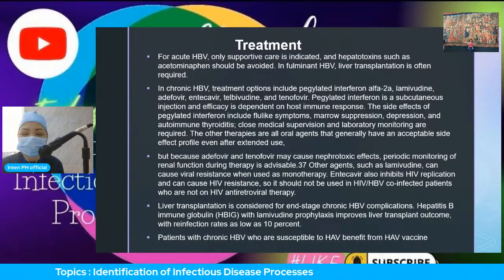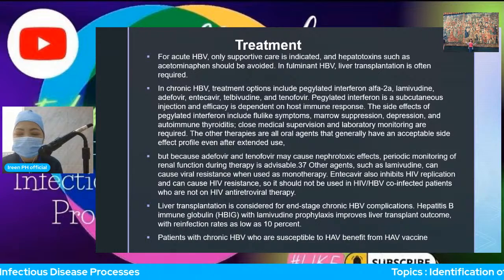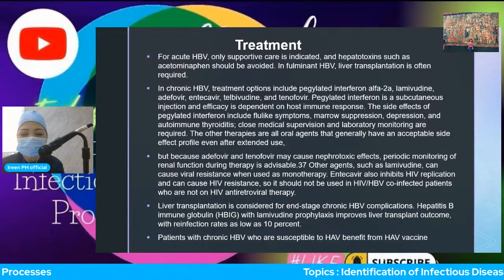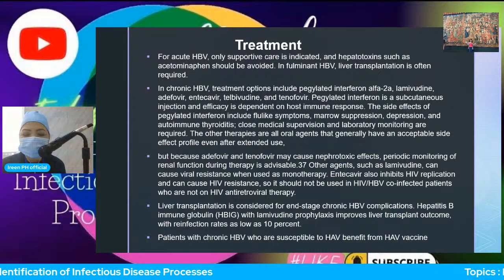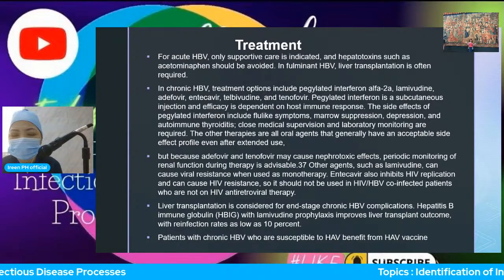Other agents such as lamivudine can cause viral resistance when used as monotherapy.